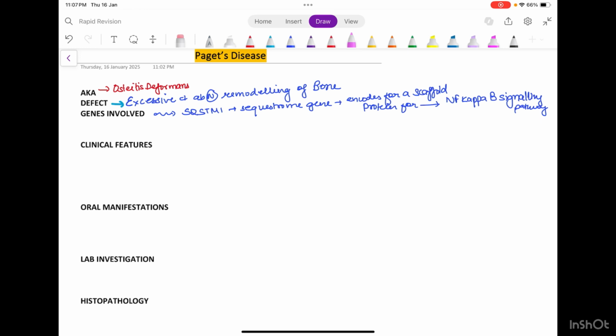All right, and the second gene that is involved is TNFRSF11A. Basically it gets the inactivation mutation. Now let's talk about the clinical features that are most important in this specific disease.